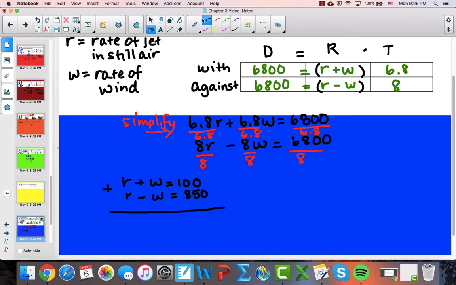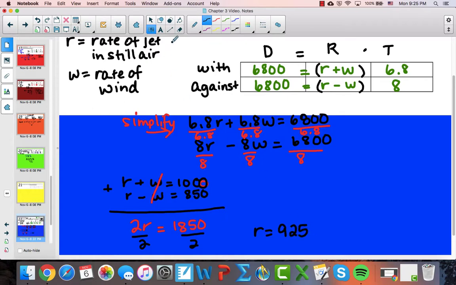I don't even have to multiply. So you always want to simplify if you can, okay? All right, so I get 2R, the W's cancel. 2R equals, oh, so this was 1,000. 1,850. When I multiplied, I forgot the 0. And I divide by 2, and so R equals 925.